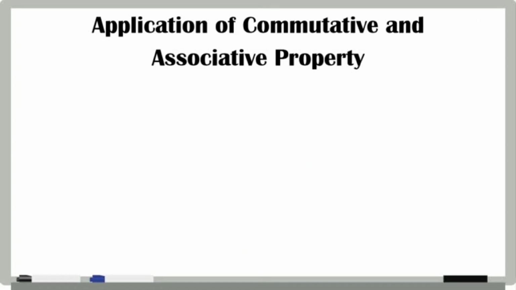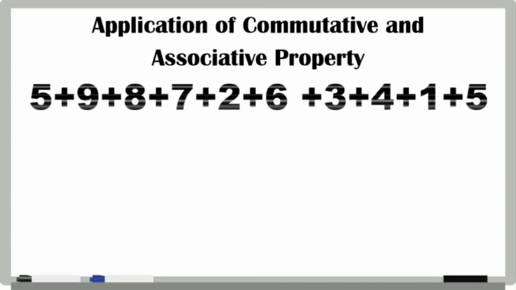Let's have the application of commutative property and associative property in mathematics. Paano kaya natin siya magagamit as a shortcut? For example, your teacher asks you to add series of numbers. 5 plus 9 plus 8 plus 7 plus 2 plus 6 plus 3 plus 4 plus 1 plus 5. So, paano mo siya ma-resolve ng mas mabilis using commutative property and associative property?